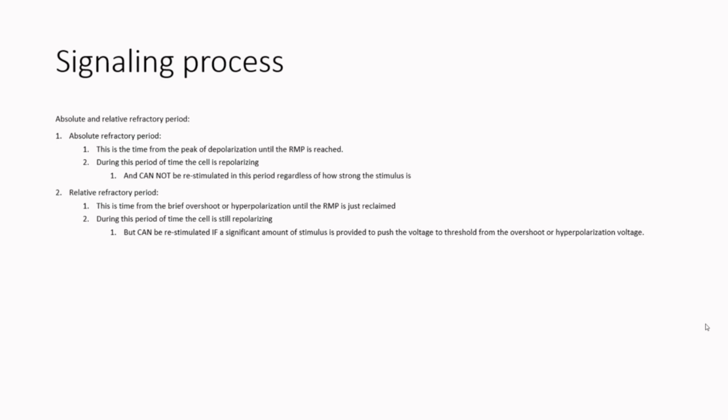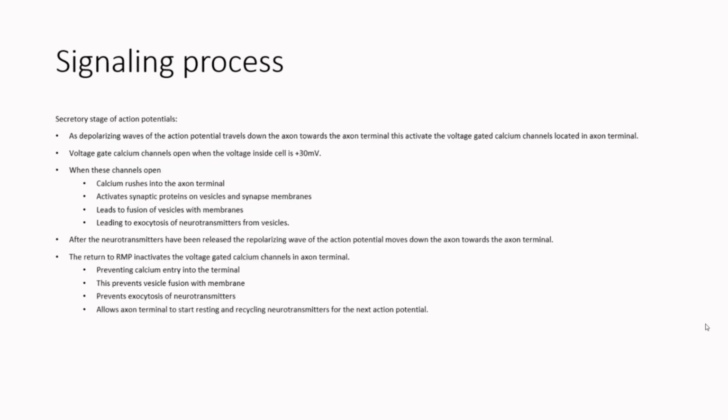And this is the time between the peak of depolarization until we reach the RMP. When it comes to the relative refractory period, during this time, if we have a strong stimulus, then we can initiate or generate a new action potential. And this is the time between the hyperpolarization until the RMP is reclaimed once again.